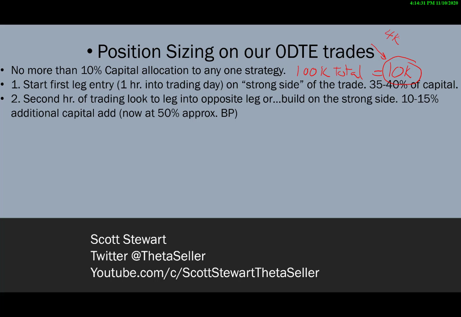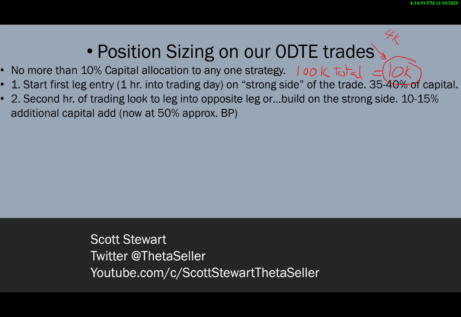Number one is that the market has sort of found its range. It's maybe consolidating a little bit, or maybe even regressing back to our original leg that we put in. If that's the case, then we can obviously go ahead and put in our opposite leg. So if we started off the first hour with a put leg, we would put in the corresponding call leg, or vice versa.